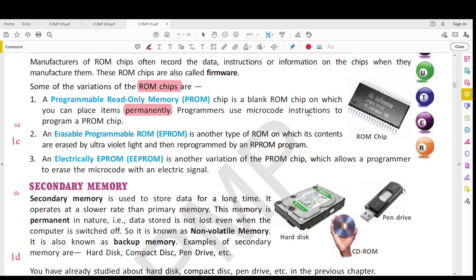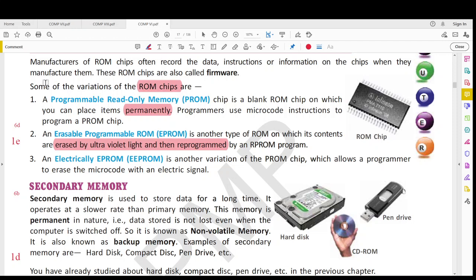So programmers use microcode instructions to program a PROM. But EPROM is a type of ROM on which the contents are erased by ultraviolet light and then reprogrammed by a PROM program.